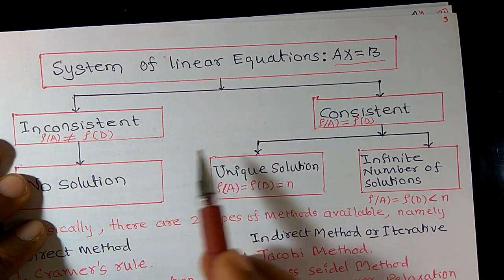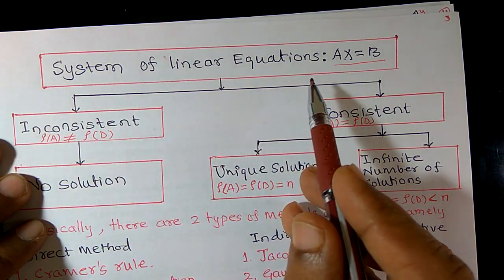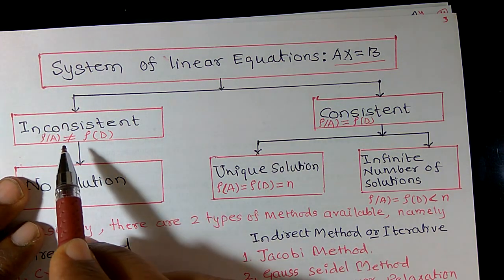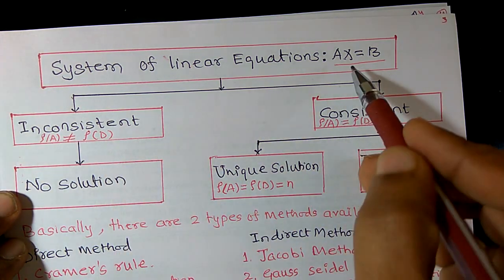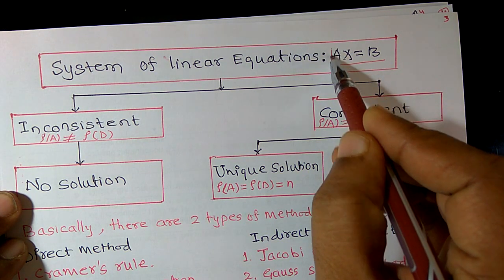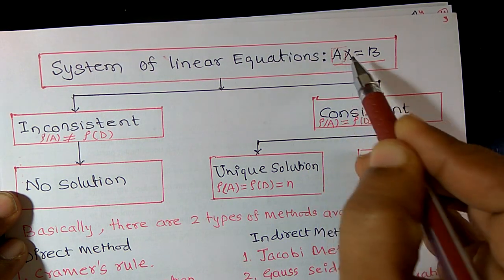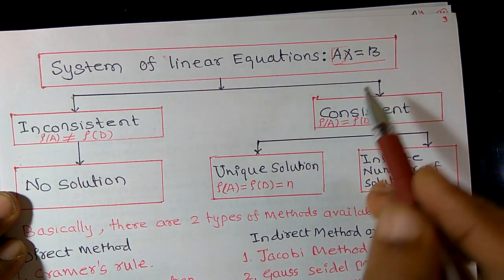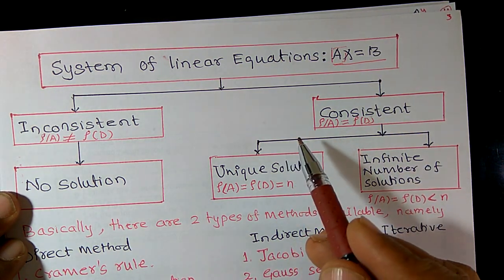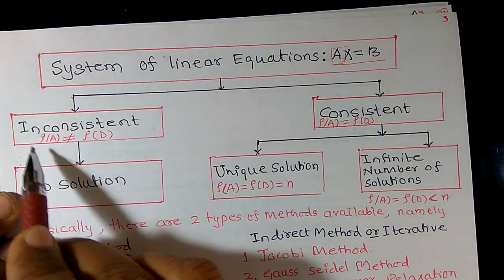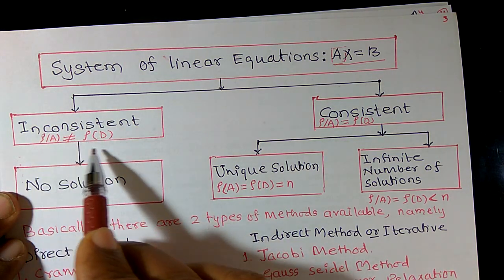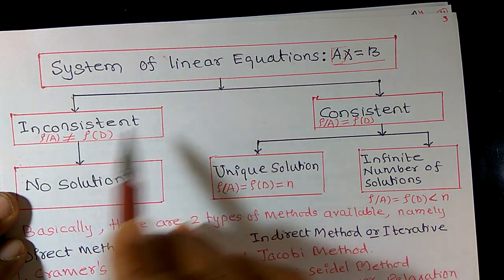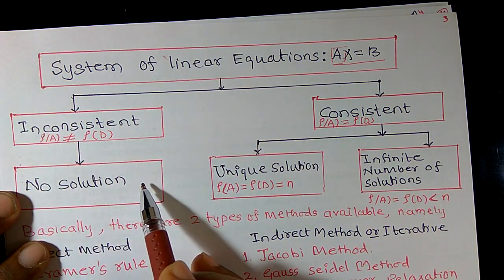Sometimes we say that a linear system of equations is inconsistent. For this, we find the rank of the coefficient matrix A as well as the rank of the augmented matrix. If the rank of A is not equal to the rank of the augmented matrix, in that case the system is inconsistent.